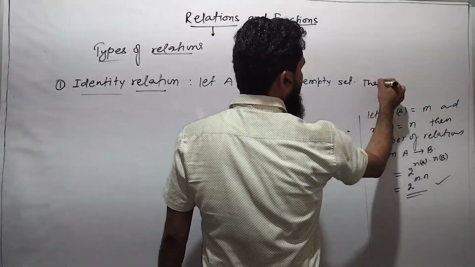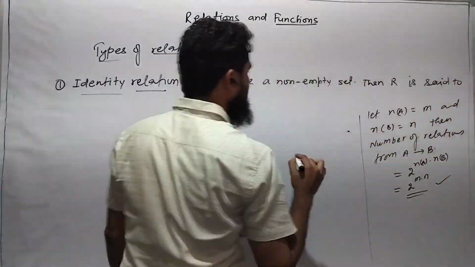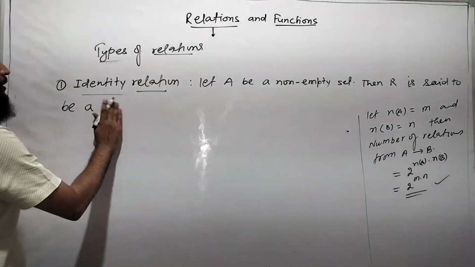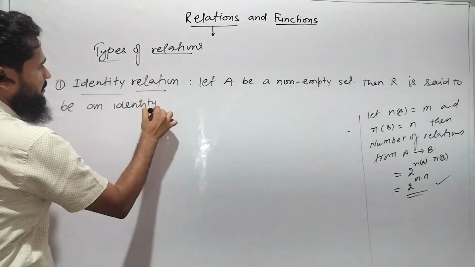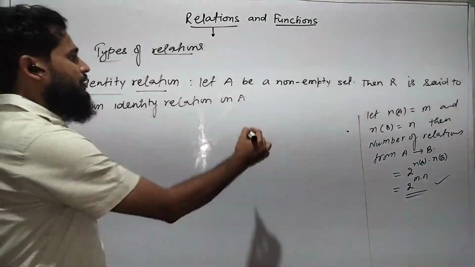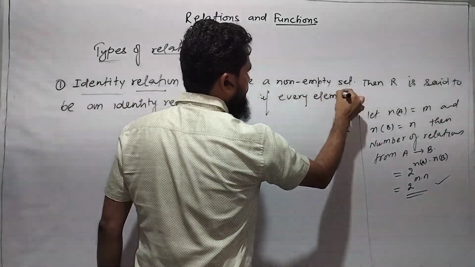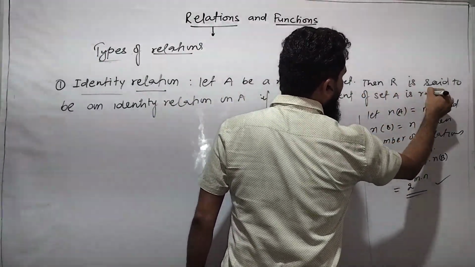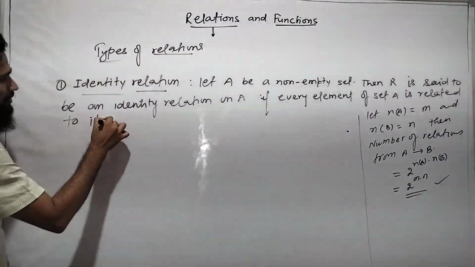Then capital R is said to be an identity relation on A if every element of set A is related to itself only.